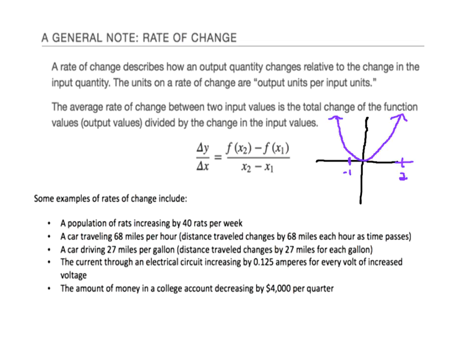If I want to find the rate of change between -1 and +2 on this function, what I'm actually doing is calculating the slope of the line that goes between those 2 points.